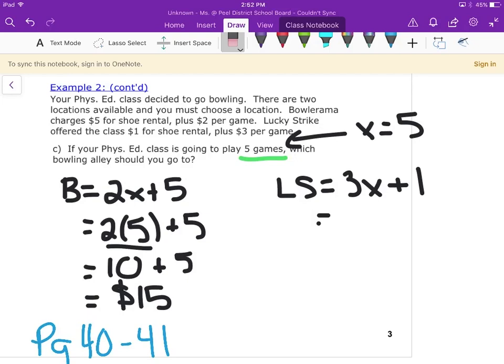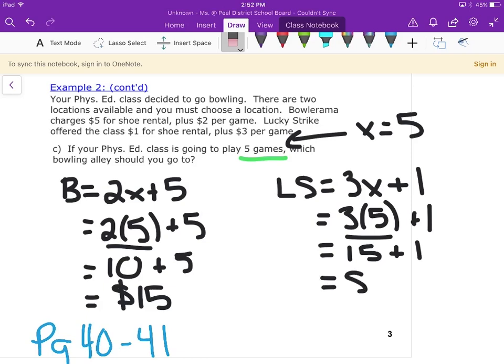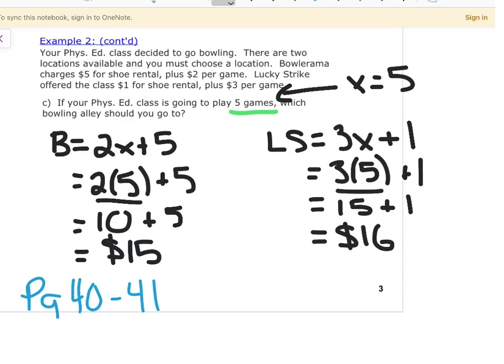Doing the same for Lucky Strikes, we put in 5 here. We get 3 times 5, which is 15, plus 1, which is $16. So based off this information, we should probably choose Bowl-O-Rama.